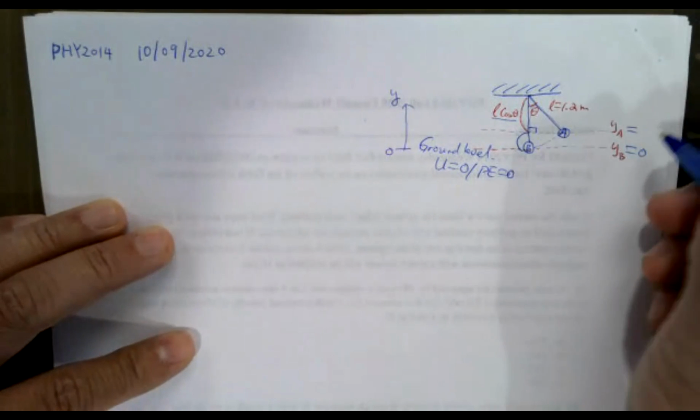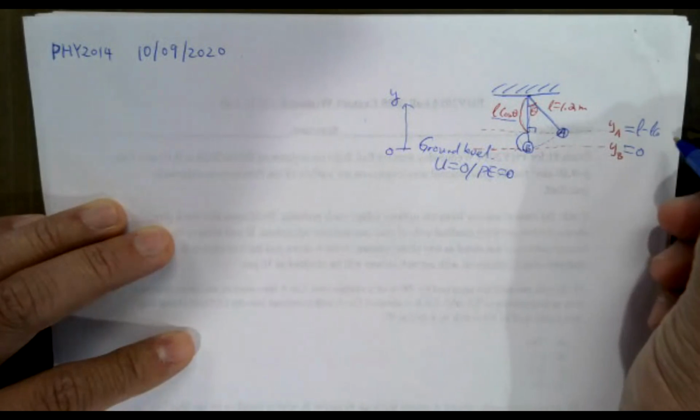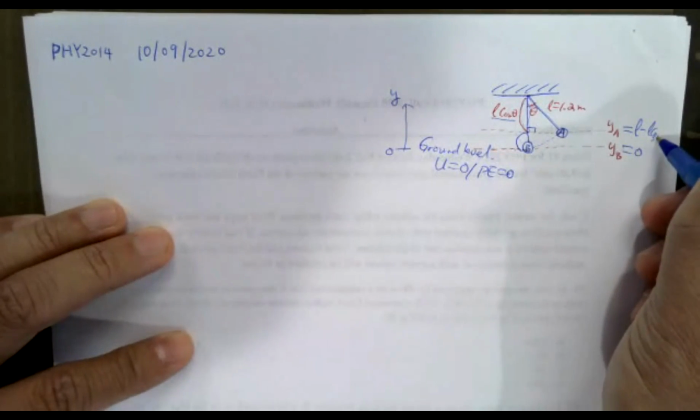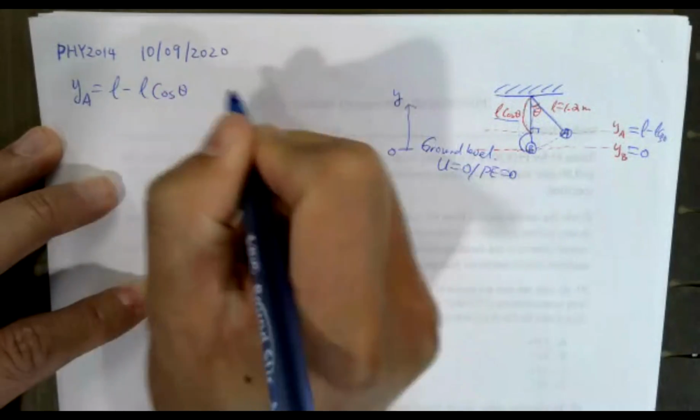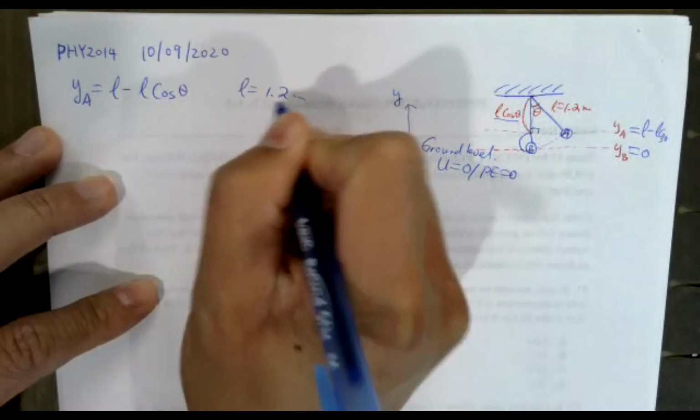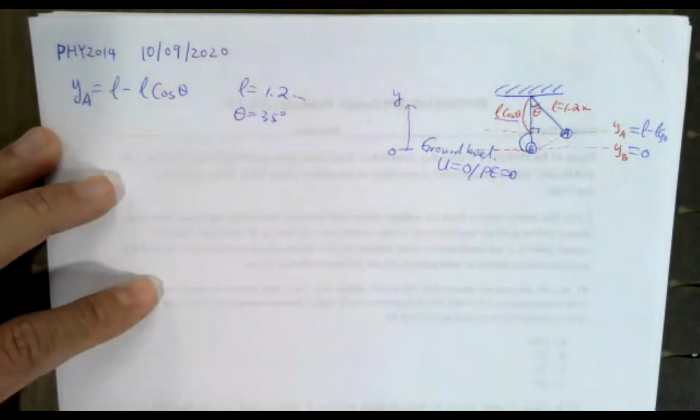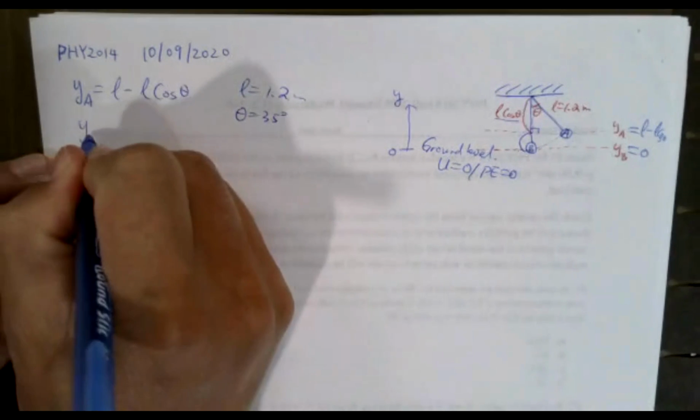Your YA then will be L minus L cosine theta. Let me write it over here: YA is equal to L minus L cosine theta, where L is equal to 1.2 and theta is 35 degrees. So your YB will be 0.